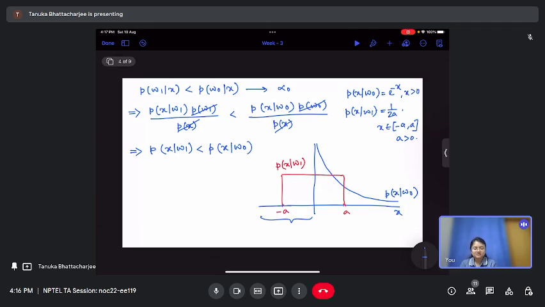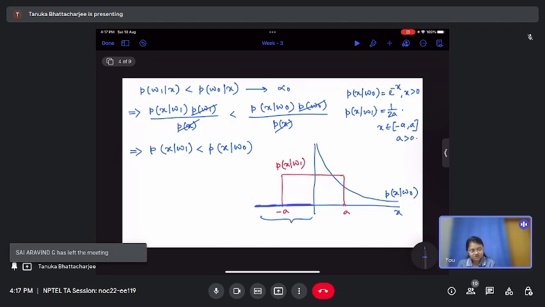So, there is no chance that the feature value will come from the region below minus a, but for the sake of completeness, to define the classifier output for the entire region, we can simply consider this region also as having the same action as the region minus a to 0. So, here you can see that the probability of x given omega 1 will always be higher than the probability of x given omega 0.